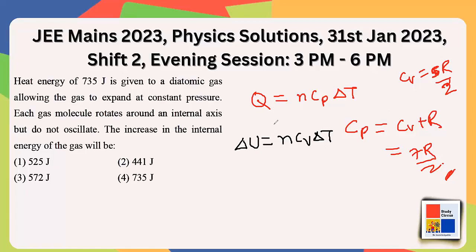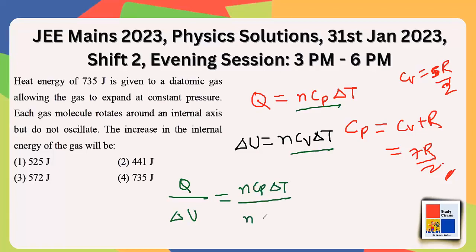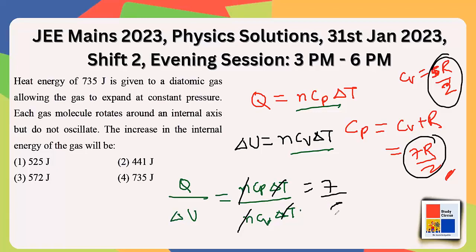So for the gas, if I take the ratio, Q upon delta U is n CP delta T upon n CV delta T. This cancels, so this is CP upon CV, which is going to give you 7 upon 5. The heat given was 735 joules, and you have to find delta U, the change in the internal energy of the gas.